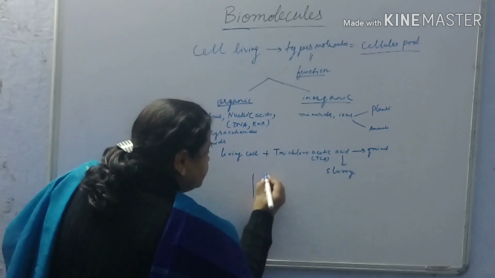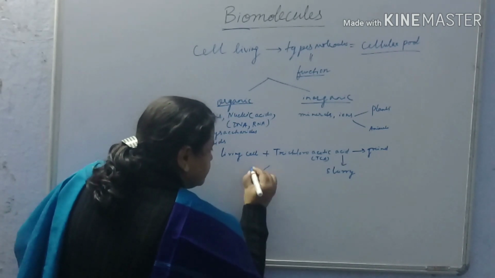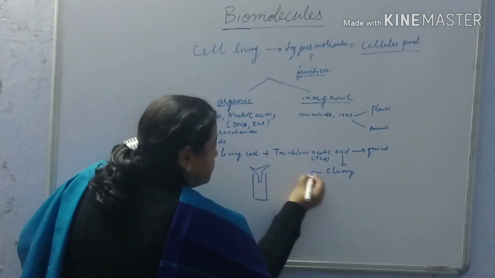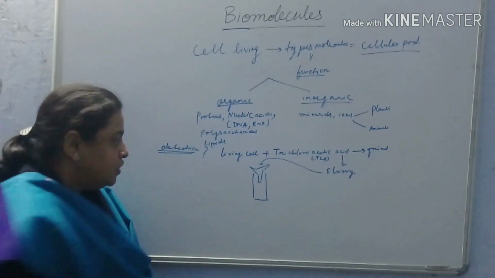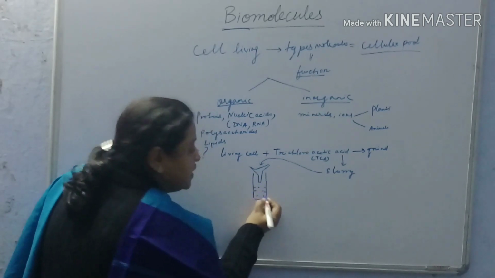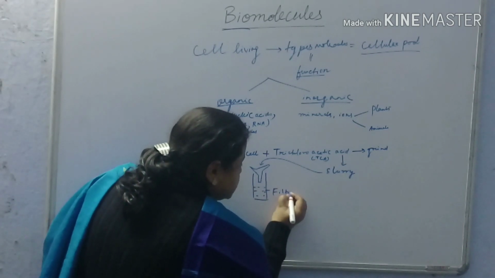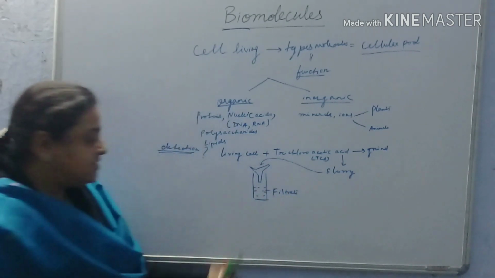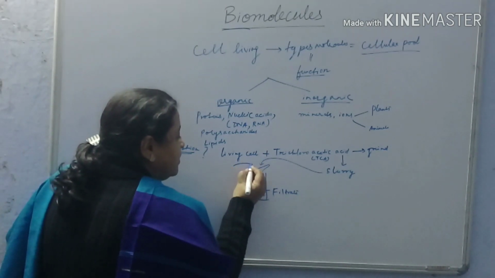How do you filter it? You do one thing, you take a funnel and you put the slurry within the funnel, okay, and you filter it. So there is a portion which you get here. This is called the filtrate. Okay, this filtrate comes downwards and there are some materials which remain here.